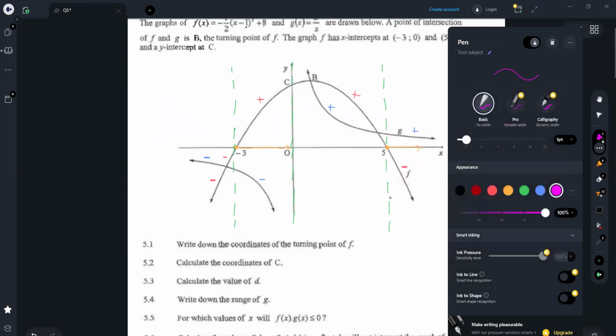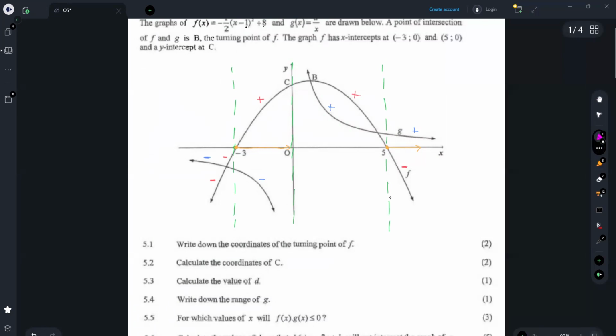Right. Okay. So now they're saying that this function of h should not intersect with the graph of g. So meaning that the graph we're going to draw cannot be here, right? Cannot be above, cannot go this side.